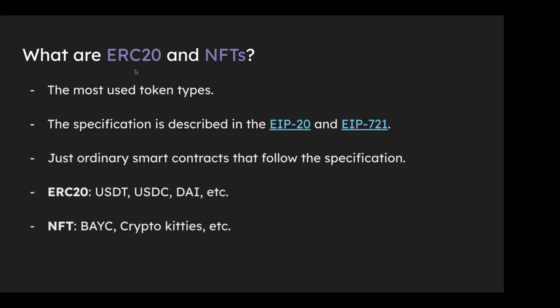It has special functions, and those functions execute in a standardized way, so we know how to call them and what to expect from them. So your wallet actually knows the address of the USDC smart contract, and it goes to the smart contract, calls the function that returns your balance, and displays the balance in the wallet.